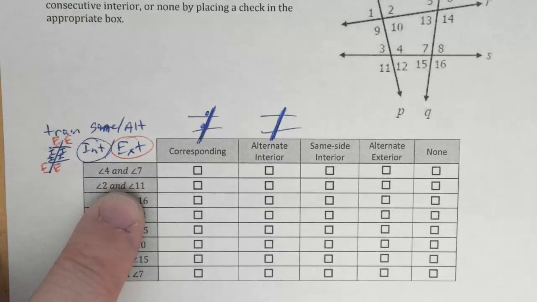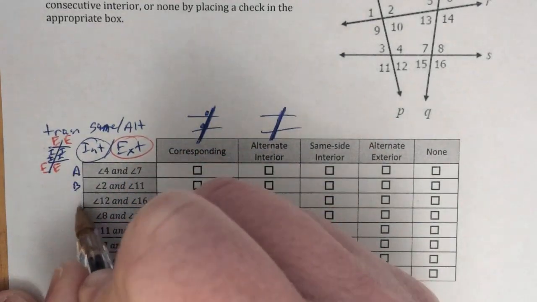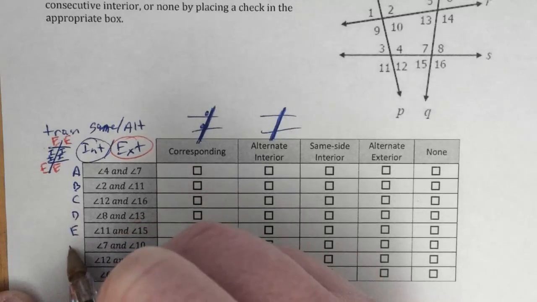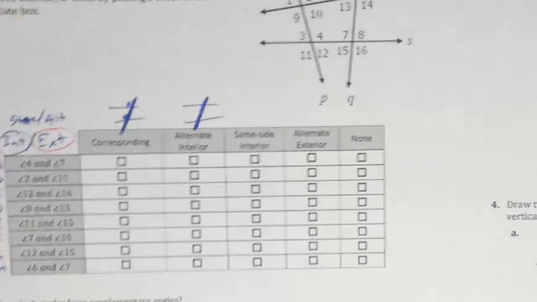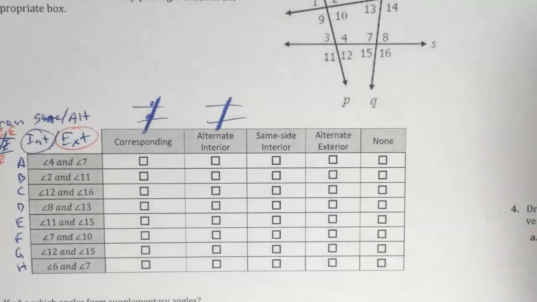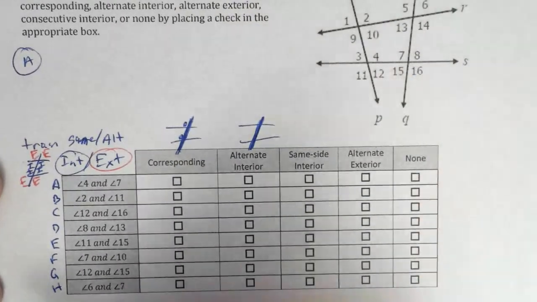All right, so here we go. On this one right here, I'm going to call this A, B, C, D, E, F, G, H, just so you can see what's going on in my head. For A, we're talking about 4 and 7. So here's 4, here's 7.